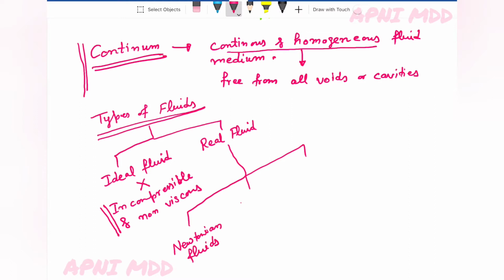The second category is of non-Newtonian fluids, and third category is of ideal plastics.